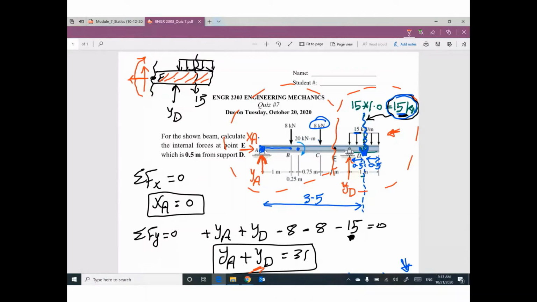Then I'm going to apply summation Fx equals 0, summation Fy equals 0, summation of moments at the cut equals 0 for this part only. Also, many students, not few, many students did not draw this part.